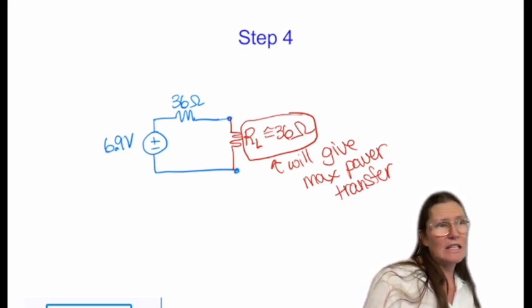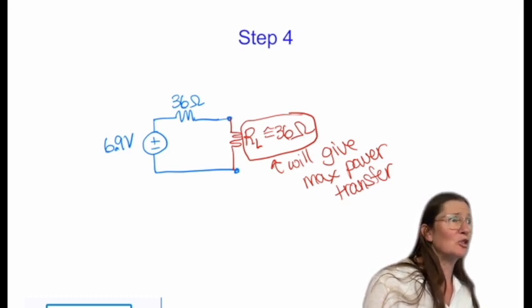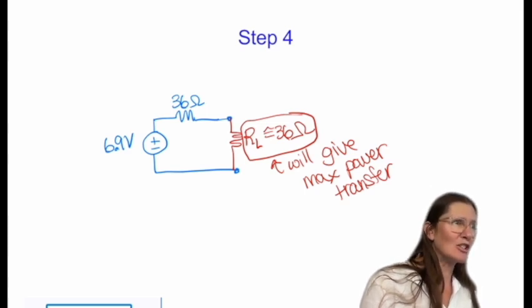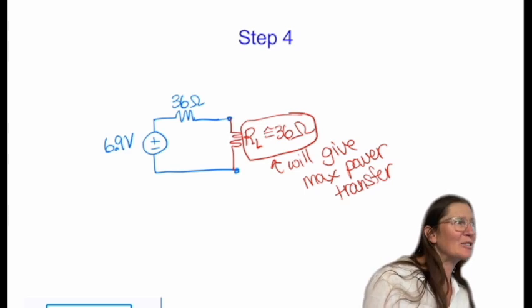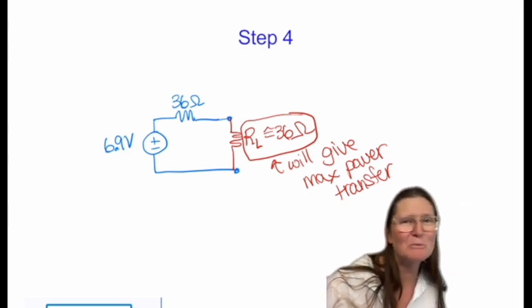Superposition was another technique to get to a similar solution. And then Wheatstone bridge is an application that we've looked at. And now max power transfer is also another concept that we've done. So those are all the topics that will be on the first exam. So lots of review, lots of problems.